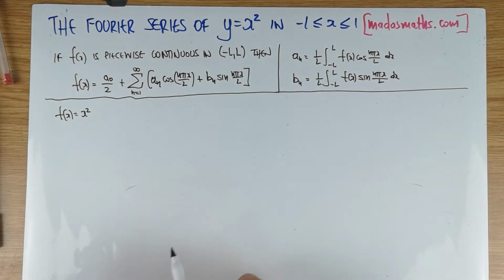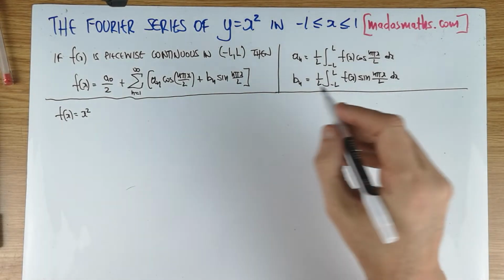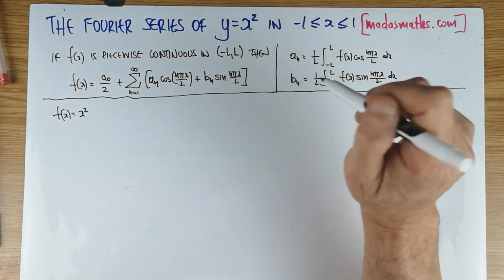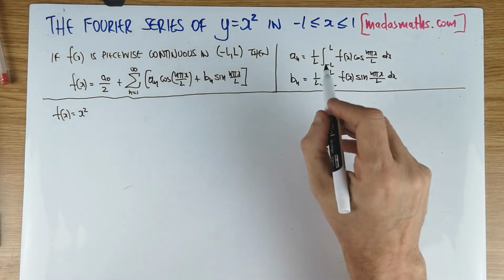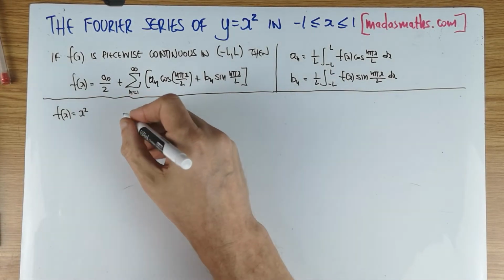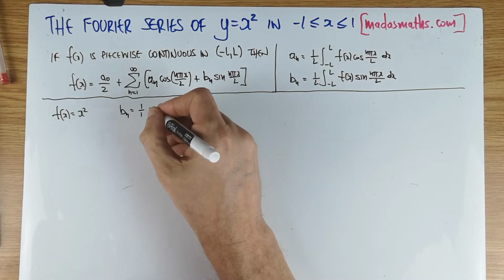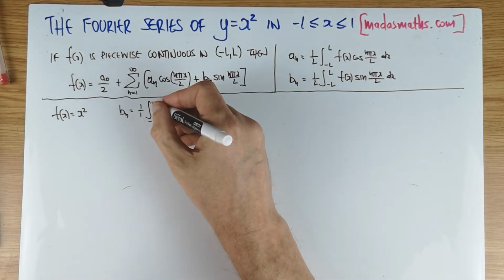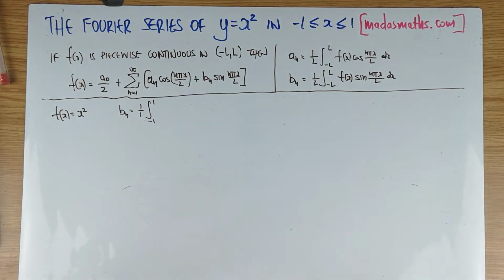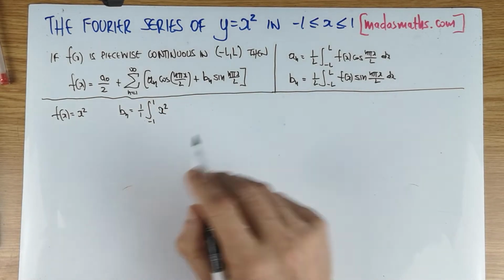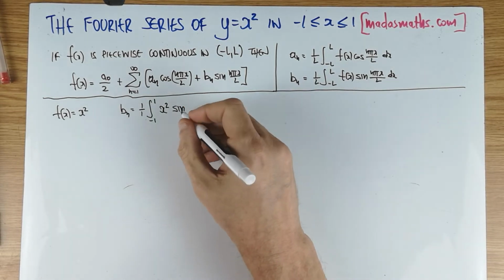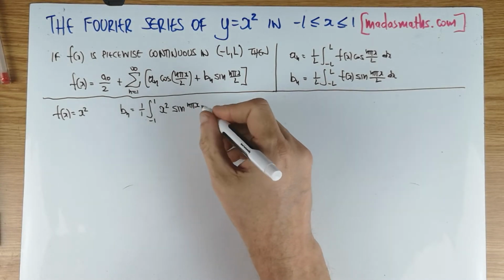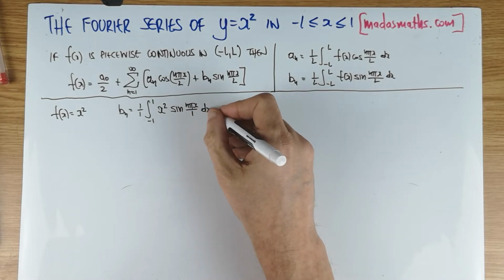Okay, so in this particular case, we have f of x is equal to x squared. I'm going to do the bn's first, because the bn's, of course, are going to be 0. Why is that? Well, first of all, the interval is from -1 to 1, so your L in this particular case is in fact 1. So bn is 1 over 1, and we have the integral from -1 to 1 of x squared, that's the f of x, times sine dx.